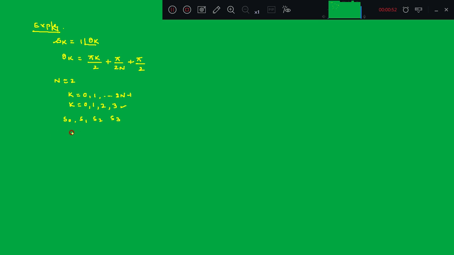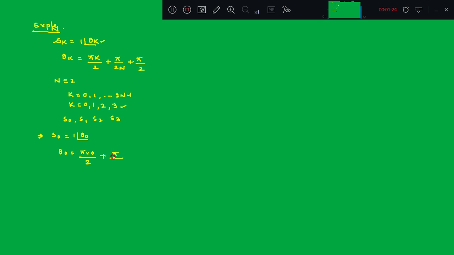So how to calculate those? To calculate the poles, we need the corresponding phase angle, right? So first we will calculate S0, that is 1 with angle theta 0. So how to calculate theta 0? Theta 0 is equal to pi, k is 0, divided by 2 plus pi divided by 2n.